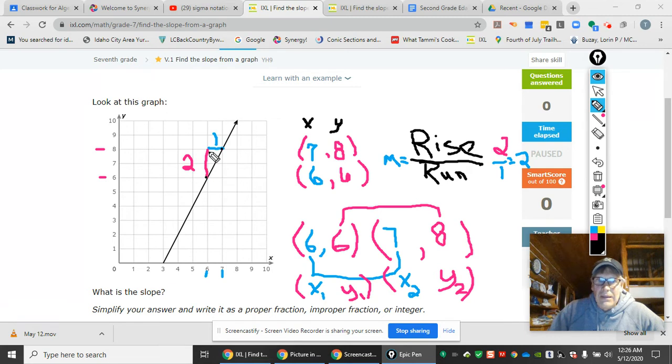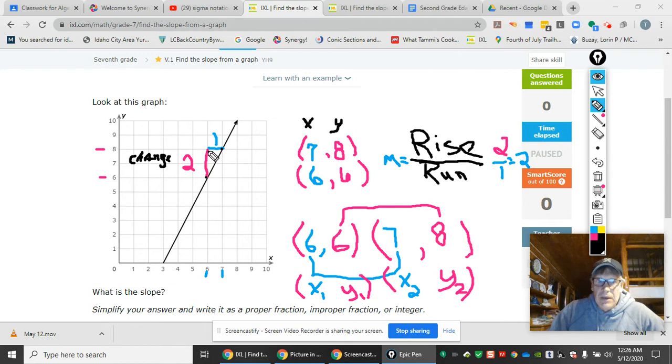Well, it's your rise. Well, what do you mean it's my rise? How did I get my rise? Well, you went from 6 up to 8. Well, 6 to 8 is a rise of 2, a change of 2. That's a big word, change. So I had a change of 2 moving from 6 to 8, and that's my rise.